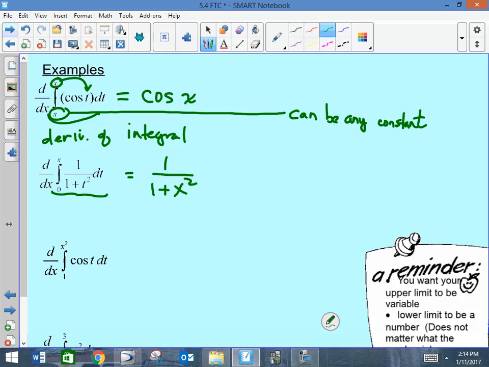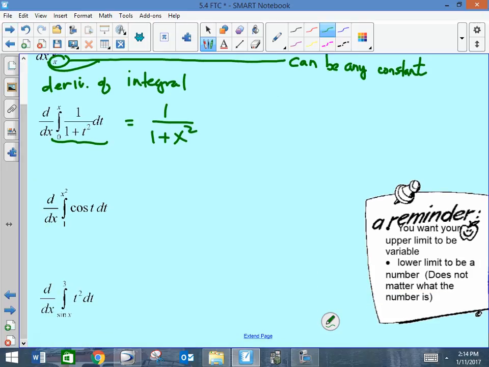All right, now, this one's a little bit more complex. Why? Because it's an x squared, so we're going to have to use the chain rule. The derivative of the integral is still this plugged in, so that's cosine of x squared, but then the derivative of x squared is 2x.